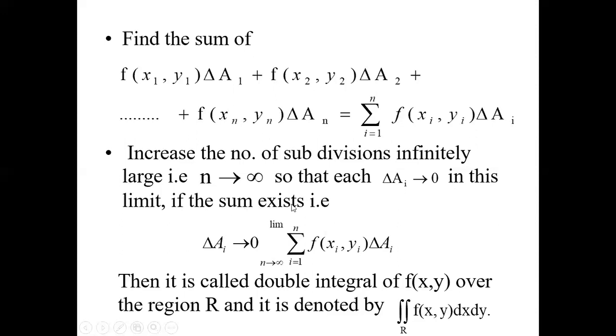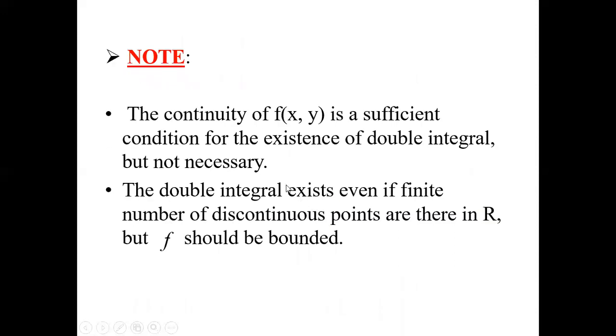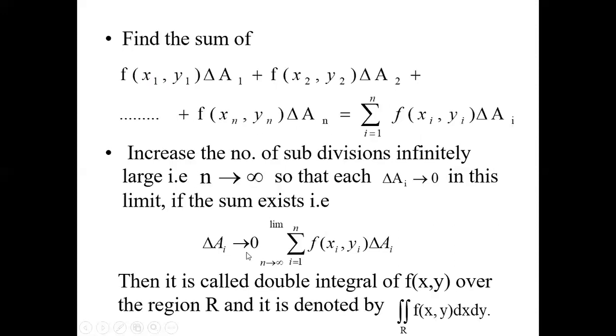In this limit, if the sum, the limit of the summation i equals 1 to n of f of xi, yi delta Ai as n tends to infinity, exists, then it is called the double integral of f of x, y over the region R, and it is denoted by the double integral over the region R of f of x, y dx dy.